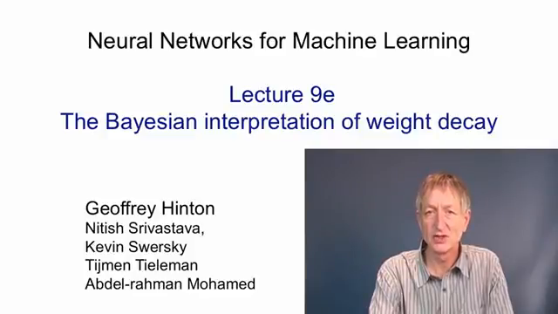But there's a much reduced form of the Bayesian approach, where we simply say, I'm going to look for the single set of parameters that is the best compromise between fitting my prior beliefs about what the parameters should be like and fitting the data I've observed. This is called maximum a posteriori learning, and it gives us a nice explanation of what's really going on when we use weight decay to control the capacity of a model.